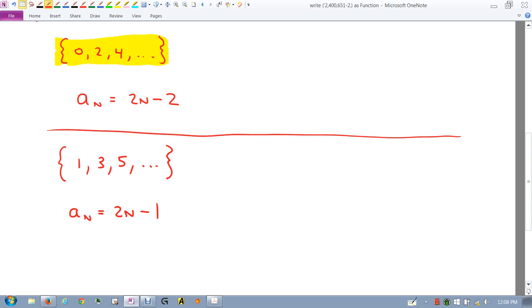Every even number starting at 2, but then subtract 1 from each one, so you get all the odds. Good. How about if you wanted to start at 7? 2n plus 5. Good.